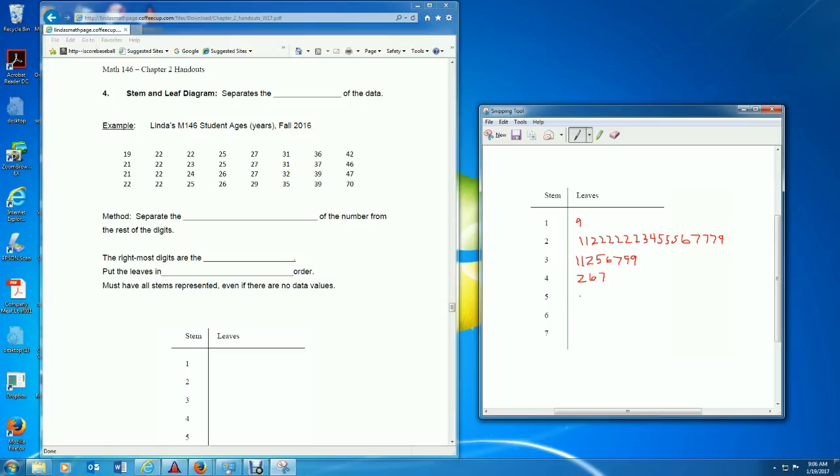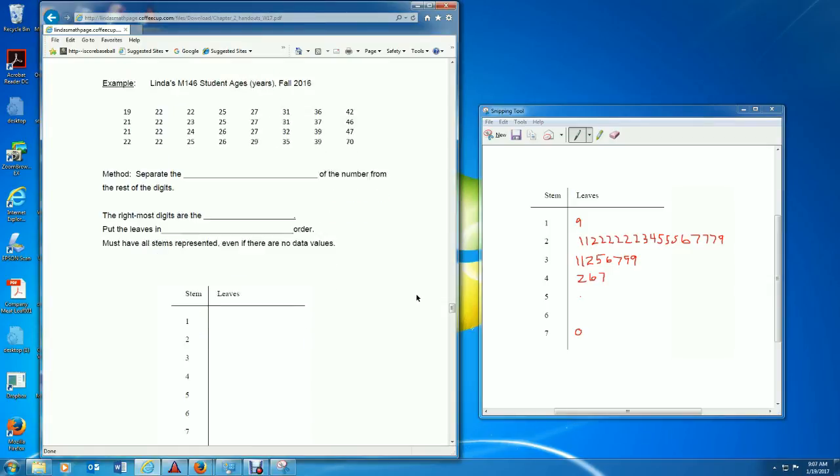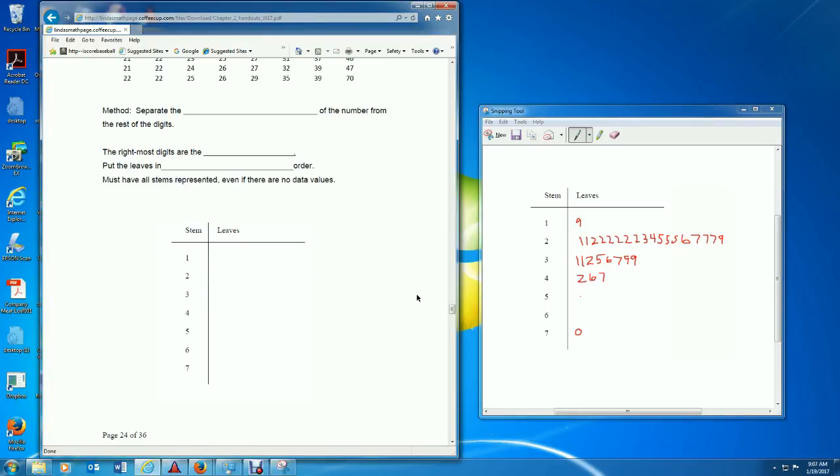Notice that I don't have any 50s, I don't have any 60s, I still have to have the stems there. I'm just going to leave this area blank. And then I have a 70, so I have to put a 0 there. All right, so that is what the plot would look like for this data.